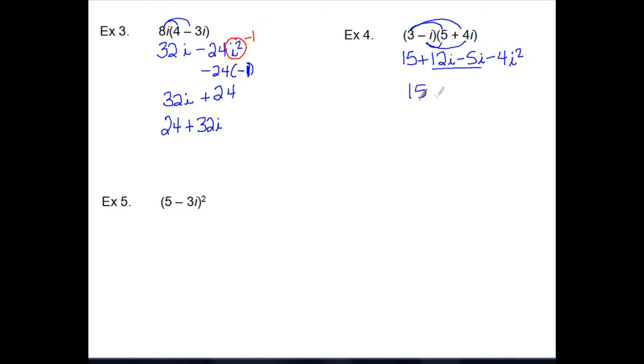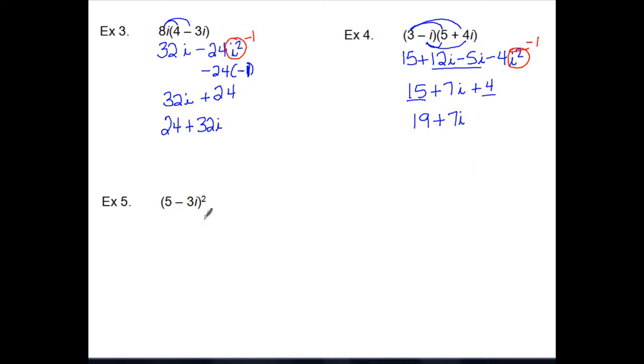So that's going to be 15 plus 7i, but what about that right there? i squared is -1. So this is -4 times -1, which is +4. 15 plus 4 is 19 plus 7i. So don't forget to replace your i squared with -1.